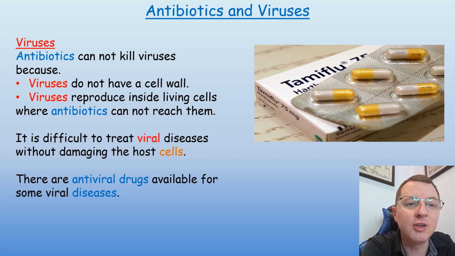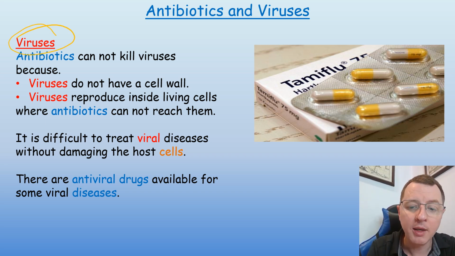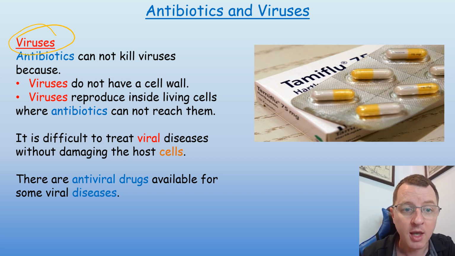However, antibiotics cannot kill viruses. Why? Because viruses do not have a cell wall. Most antibiotics work on the bacterial cell wall. Viruses don't have one. Secondly, viruses reproduce inside living cells where antibiotics cannot reach them. It's very difficult to treat viral diseases without damaging the host cells.